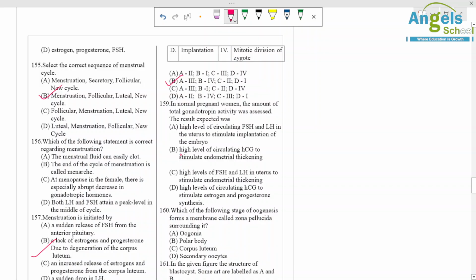Question number 159. In normal pregnant woman, the amount of total gonadotropin activity was assessed.